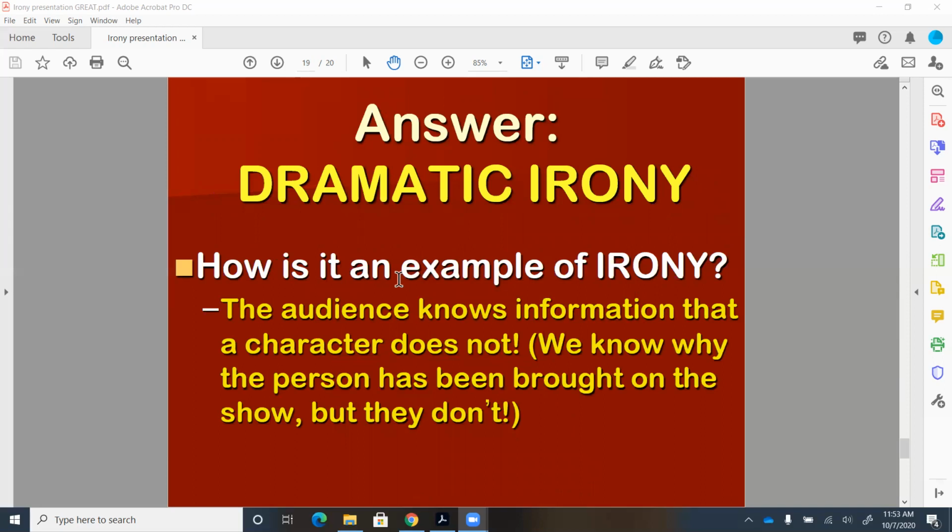And if you said dramatic, you are correct. Why? Because the audience or the reader knows information a character does not. We know why they've been brought on. They don't, so it's dramatic. It's going to result in some kind of reaction from the character, right?